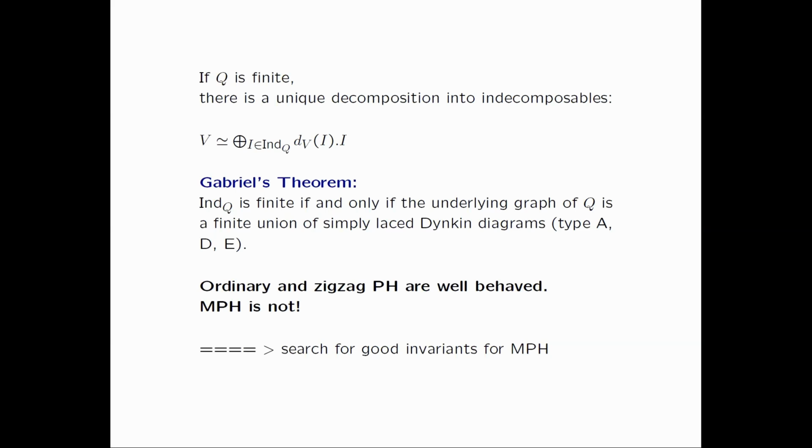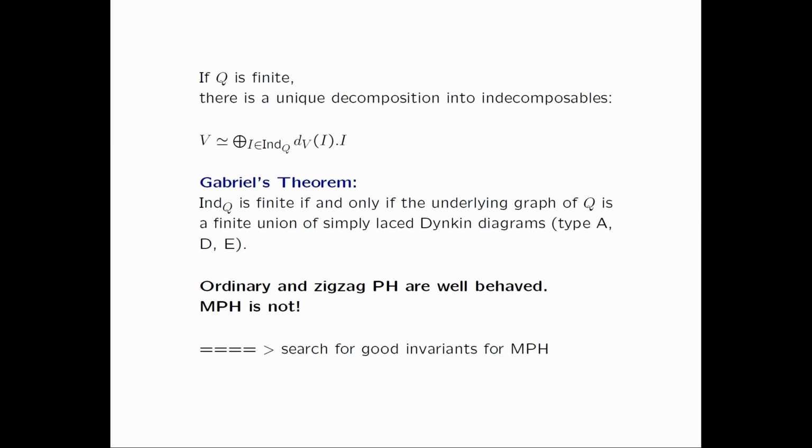And if we think back to persistent homology, ordinary persistent homology is just going along a line, and that's A_n, and so that's nice, and that's why we had our barcodes. Zigzag is also okay, because that's also A_n, it's just on a line, only that the arrows are potentially in opposite directions.